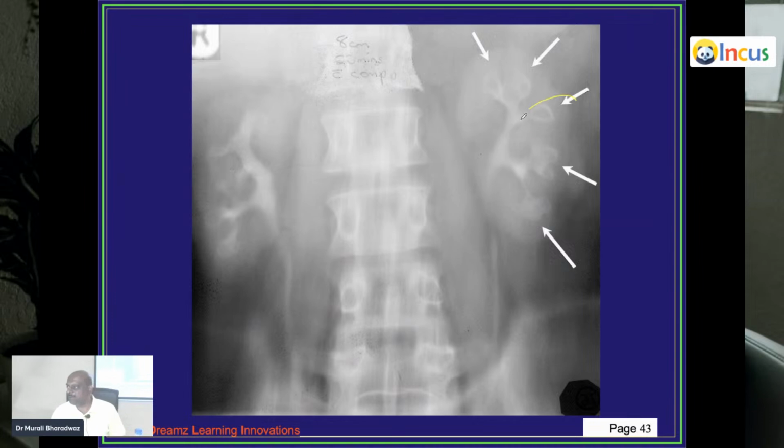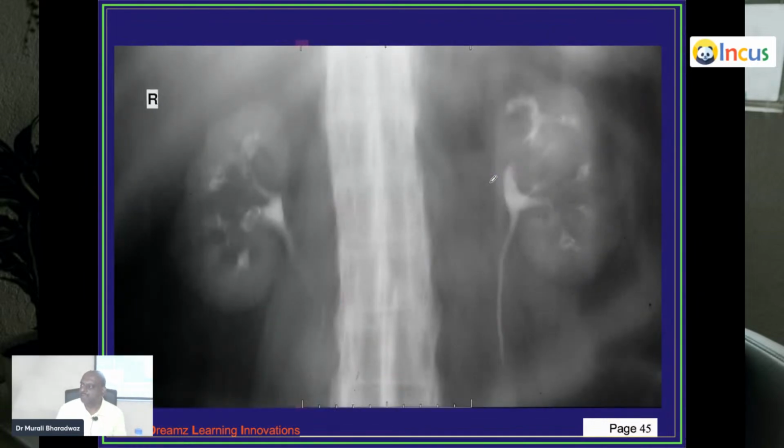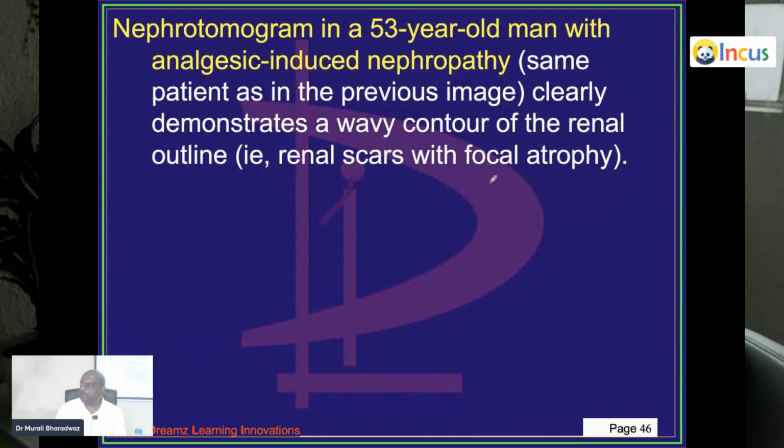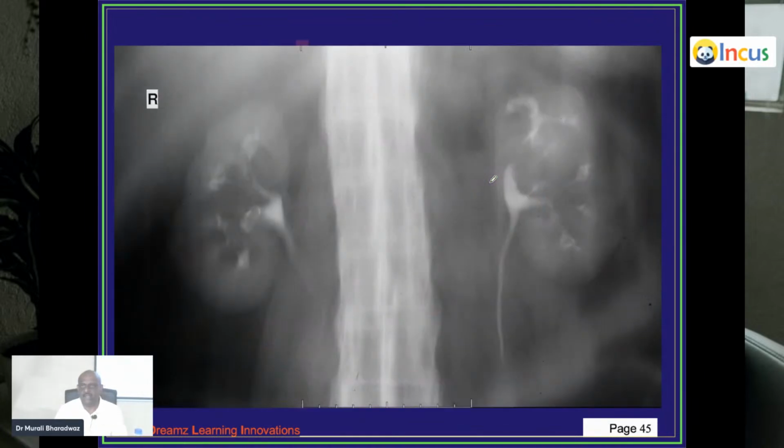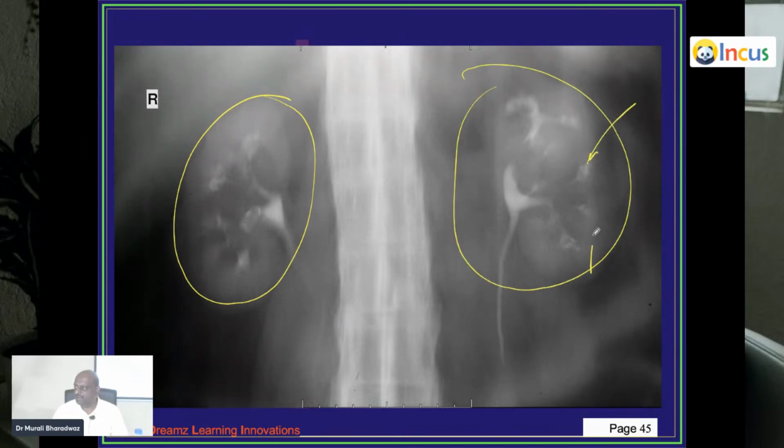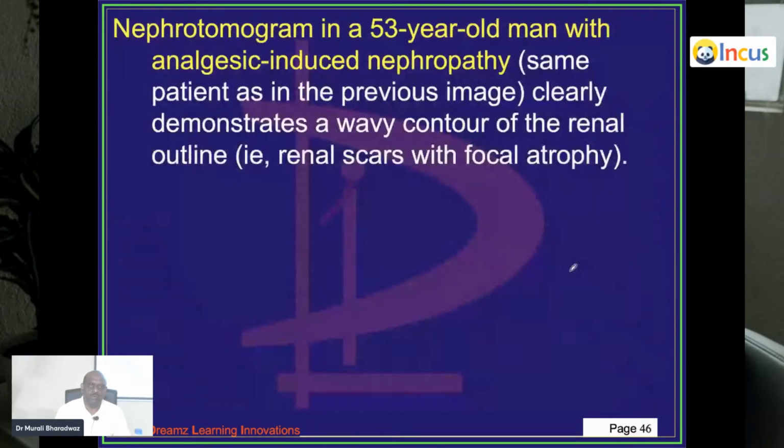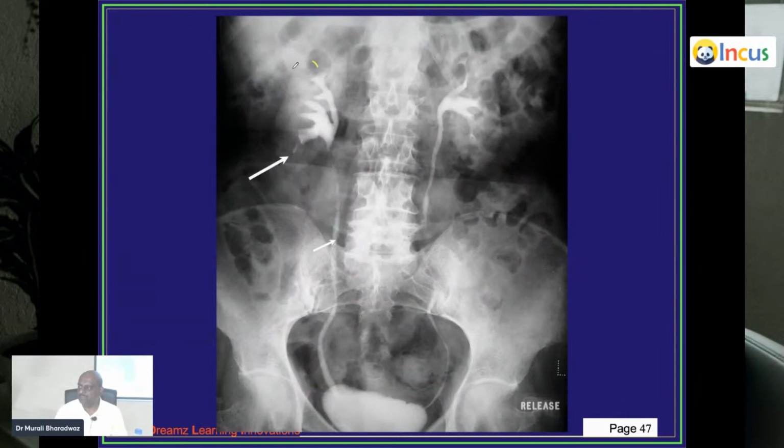This is another example of ring shadow. Can you appreciate it? So another example, a 53-year-old with analgesic nephropathy with a ring shadow, is what you need to remember.